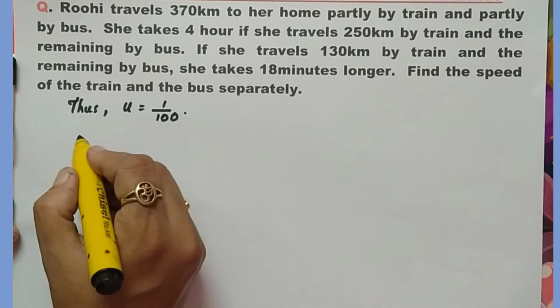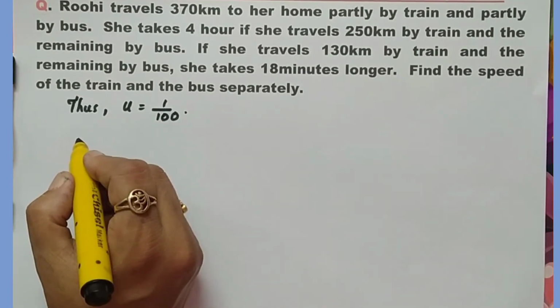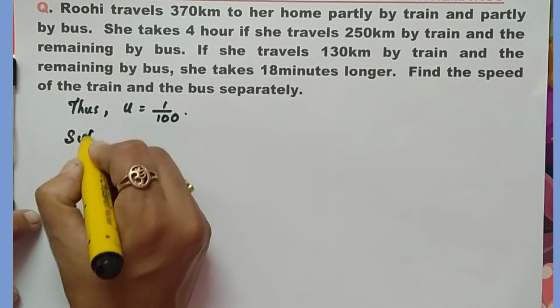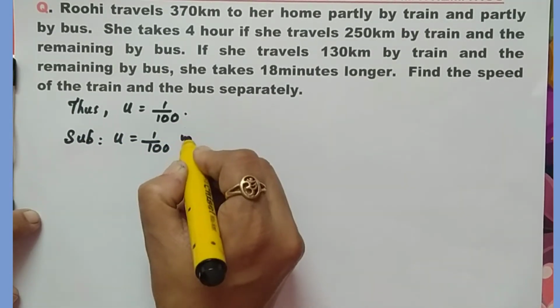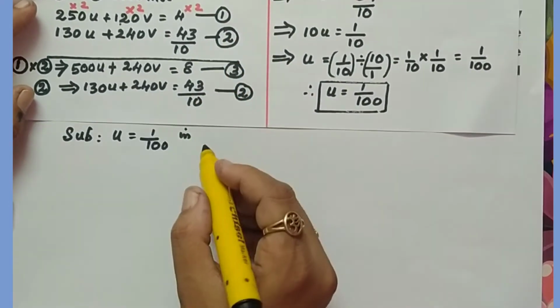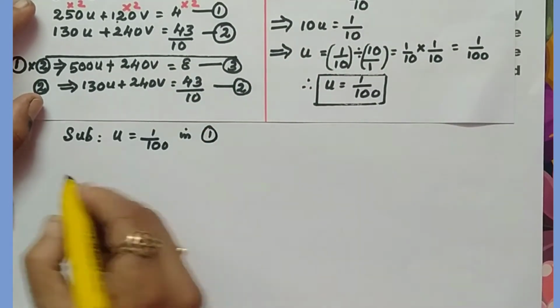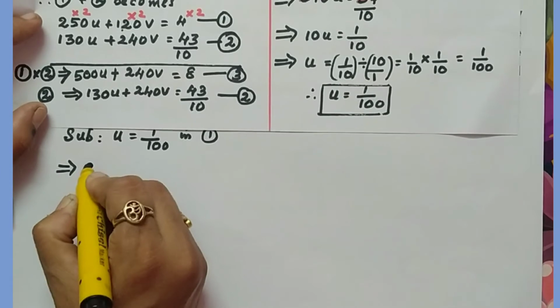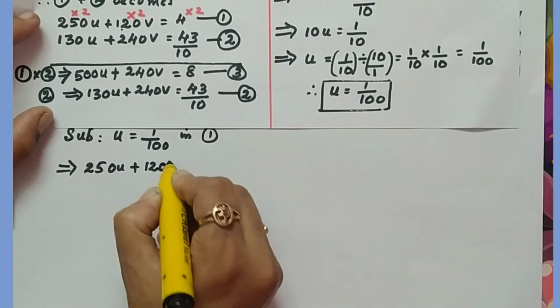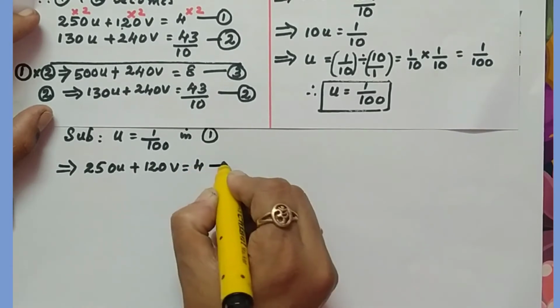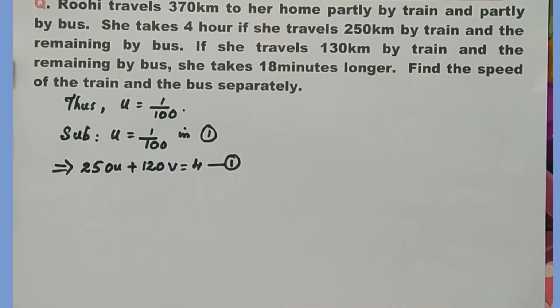I am going to substitute the value of u in any of the equations. Substitute u equal to 1 by 100 in equation 1. So equation 1 is 250u plus 120v equal to 4. I am going to substitute there.